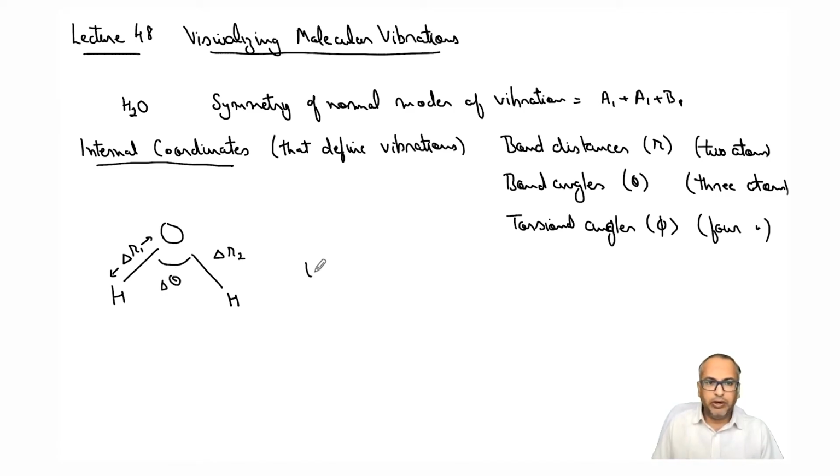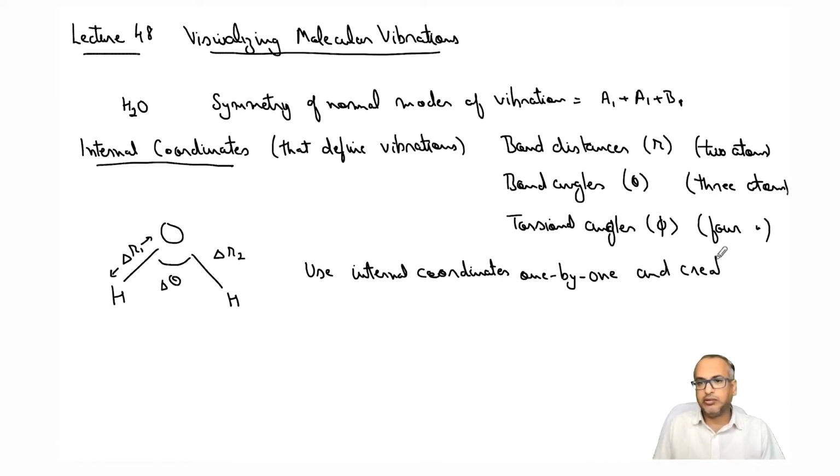We will use internal coordinates one by one. Okay, that is very important. You cannot take bond angle and bond length together and create a reducible representation. That would not solve the problem. So one by one, and create a reducible representation.